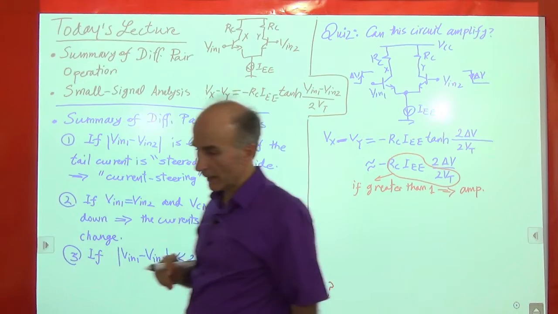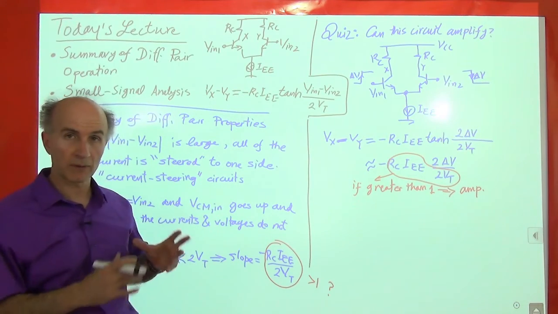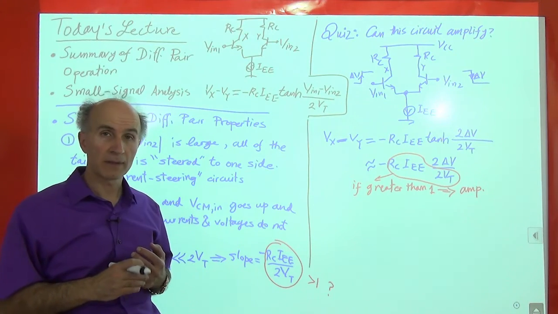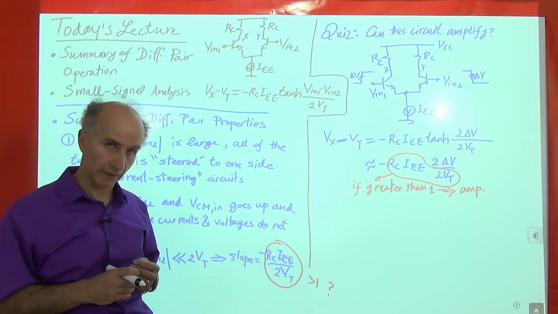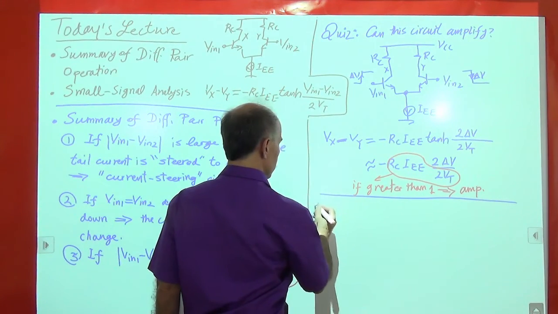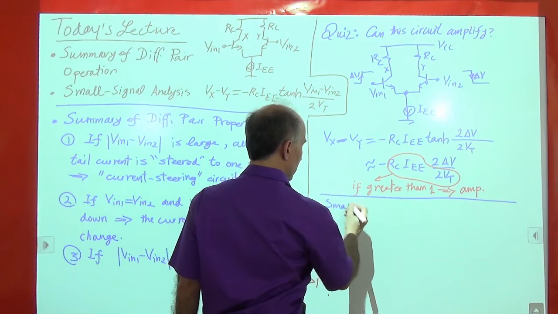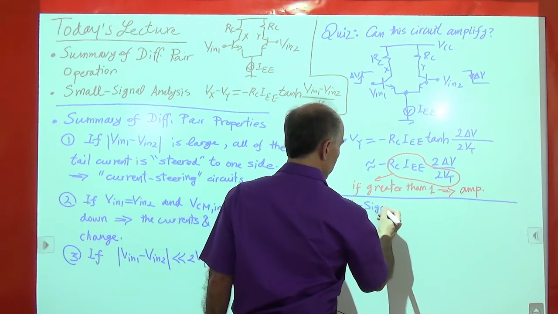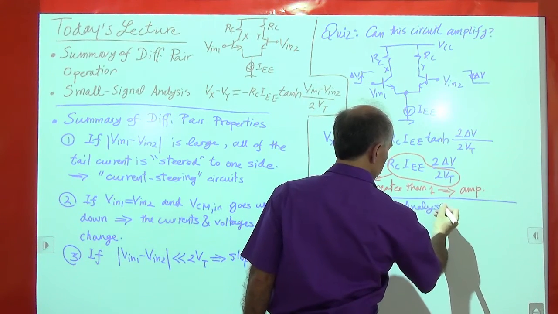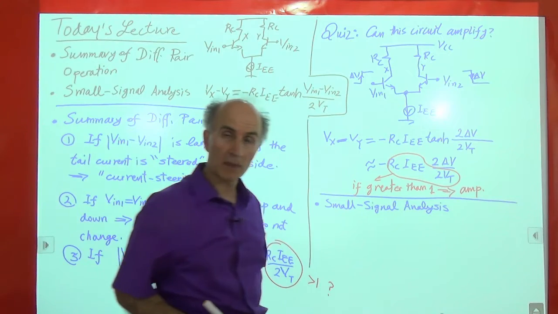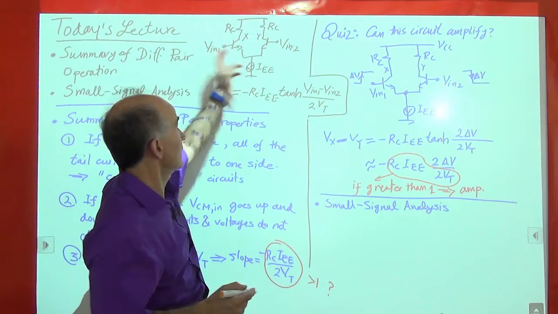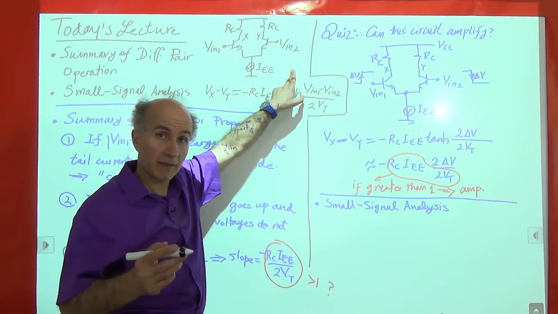All right, so that's just to get comfortable with what's going on in the circuit. And now we will go ahead to the small signal analysis of the circuit. So let me start here. Small signal analysis. Small signal analysis means that the difference applied to the input, so V in 1 minus V in 2, is pretty small. And you might say, we've already done that, right?